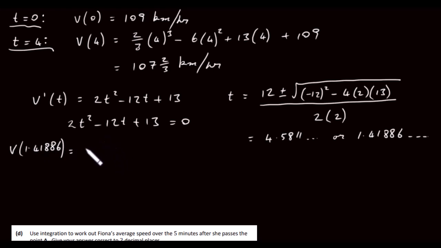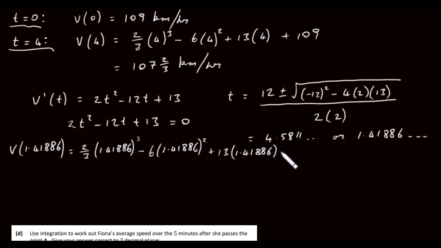So it's going to be 2/3 of 1.41886, and that's cubed, minus 6 times 1.41886, and that is squared, plus 13 times 1.41886 plus 109. That's our original function. So when you work all of that out, you will get a velocity there of 117.27 kilometers per hour.